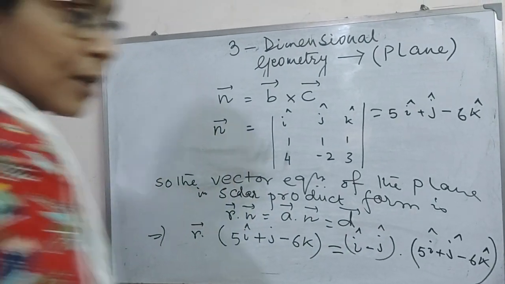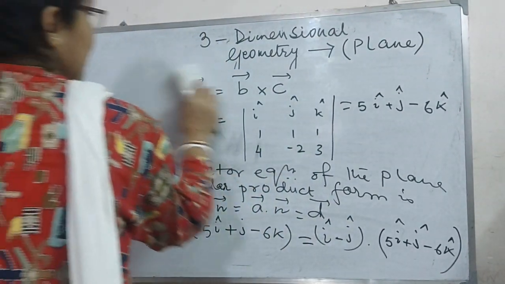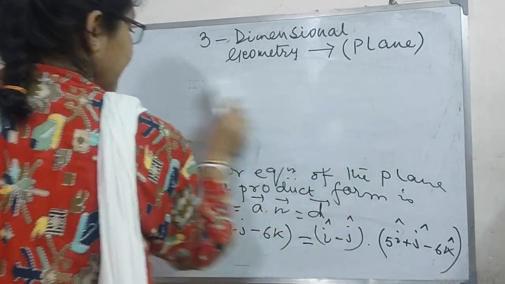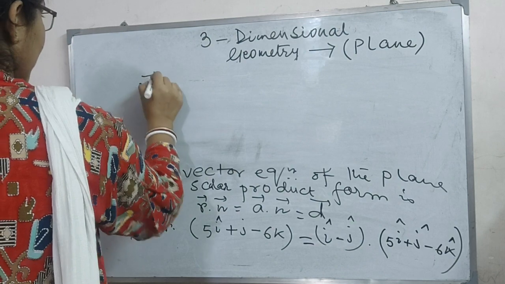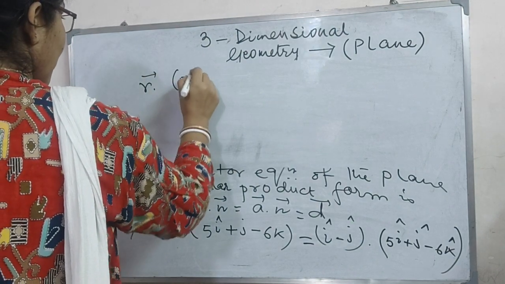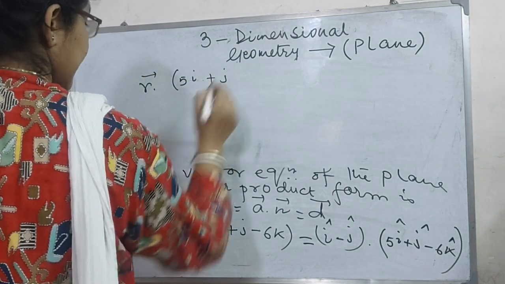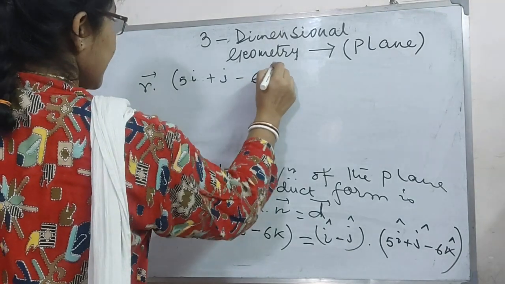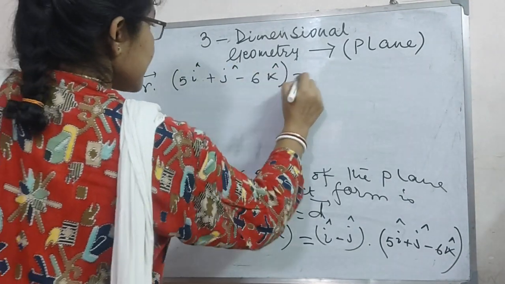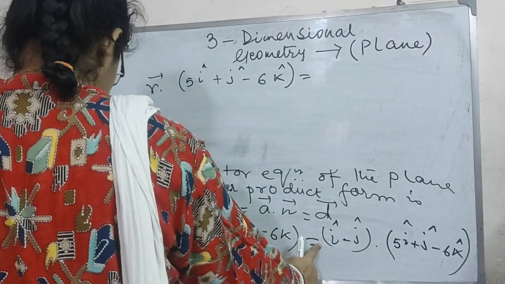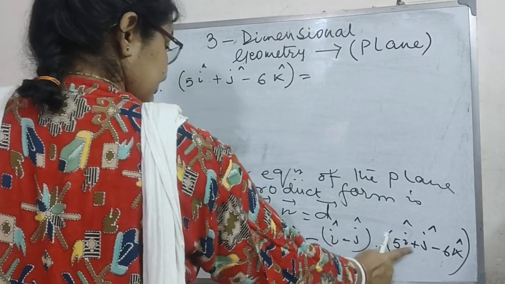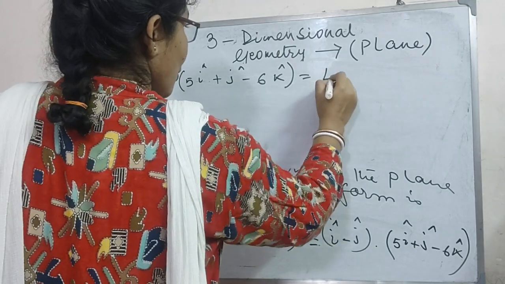So from here I can write r dot (5i plus j minus 6k) is equal to 5 minus 1, that is 4.